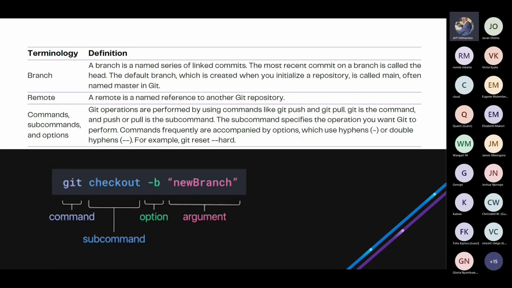It stores your code centrally in the cloud, such that you can work with your files offline. Then once you are back online, you can synchronize them to the one in the remote repository. So a remote just refers to a named reference to another Git repository. That's the simple definition, I think.